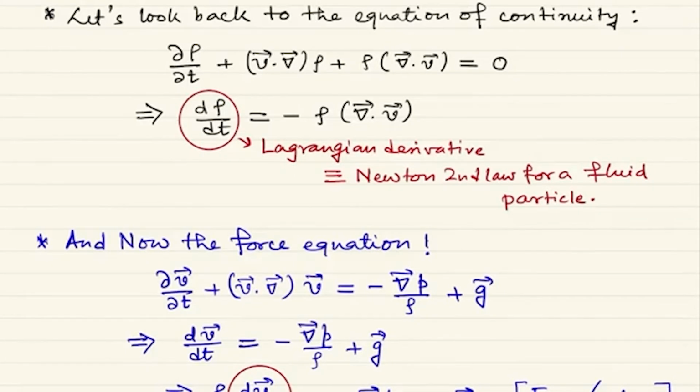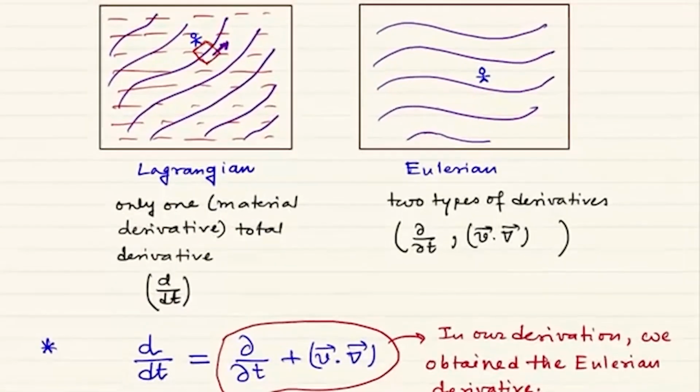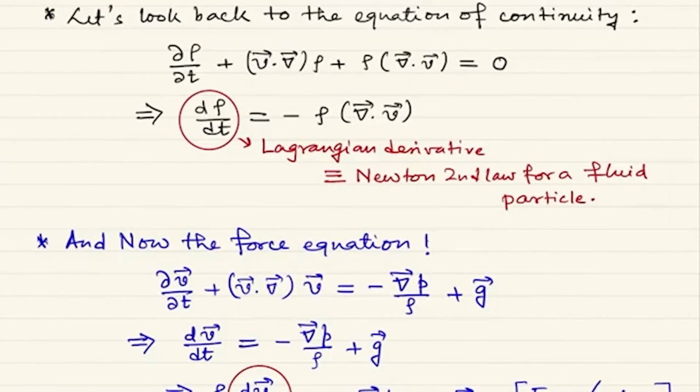Now let's look back at the equation of continuity. These two approaches were important to introduce because they are the approaches to study fluid motions or a flow macroscopically. In the equation of continuity, del rho del t plus v dot nabla rho plus rho times divergence of v is equal to 0.